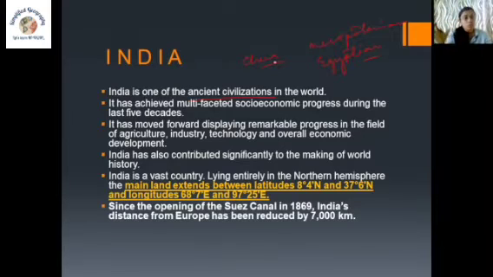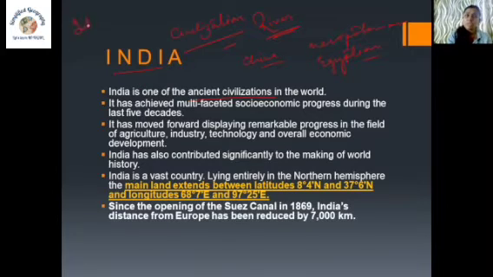Overall in social science, we have already studied up to class 8. One thing is common in these civilizations, that is rivers. Most of these civilizations were settled along a river basin, correct? So India was one of them.